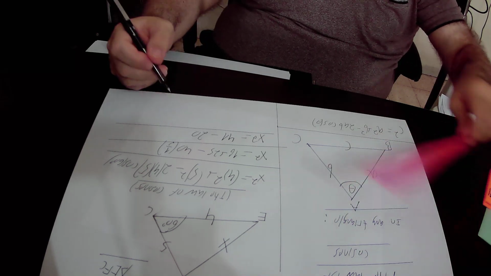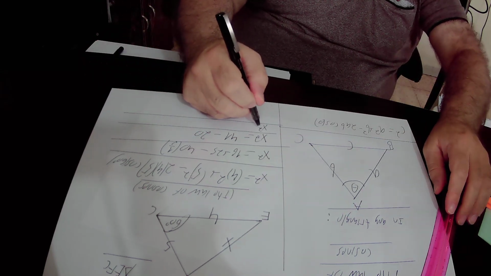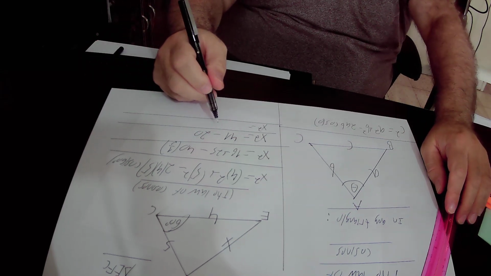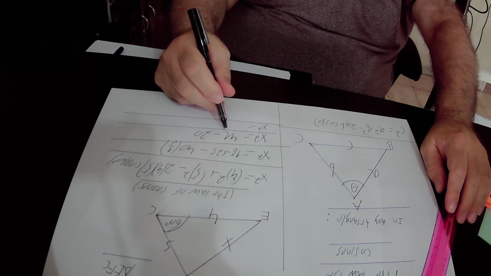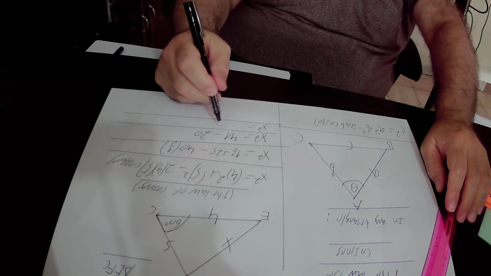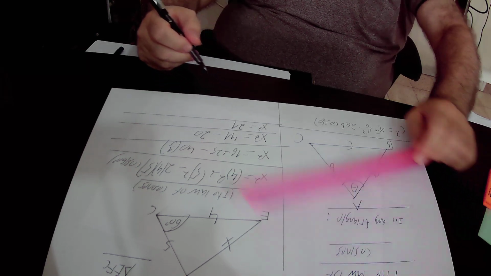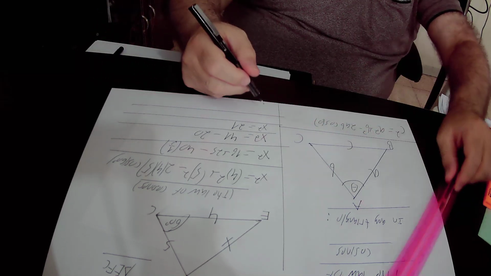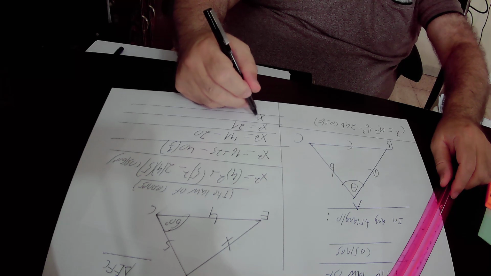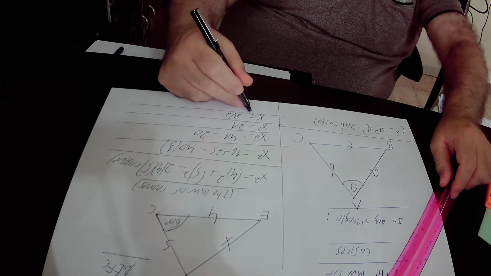So x squared equals 41 minus 20, which equals 21. So we found that x squared equals 21. Here we take the square root of this equation and we get that x equals the positive square root of 21.